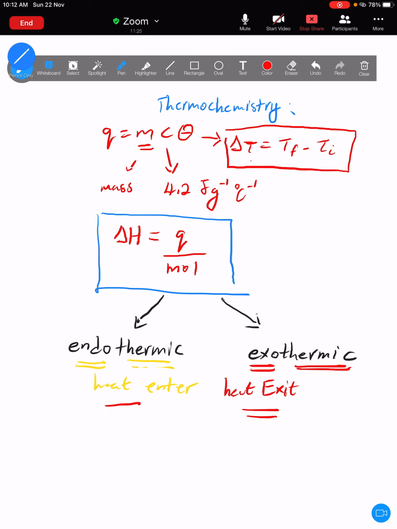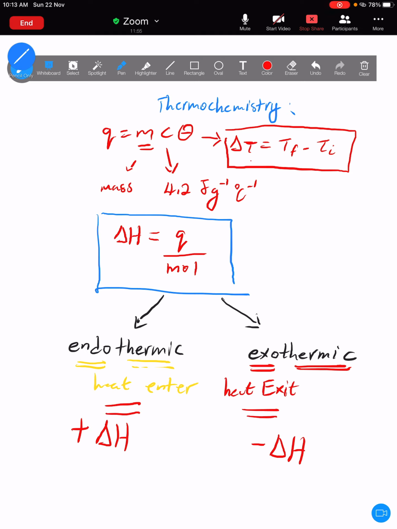Therefore, when I'm talking about endothermic, the delta H value will always be positive or negative? Tell me. When I say endothermic, very good. It's going to be a positive delta H value. And I have an exothermic. Automatically, if the other side is positive, this side will be a negative value.